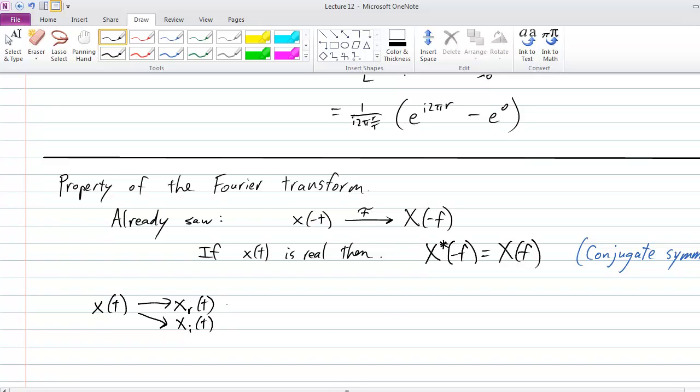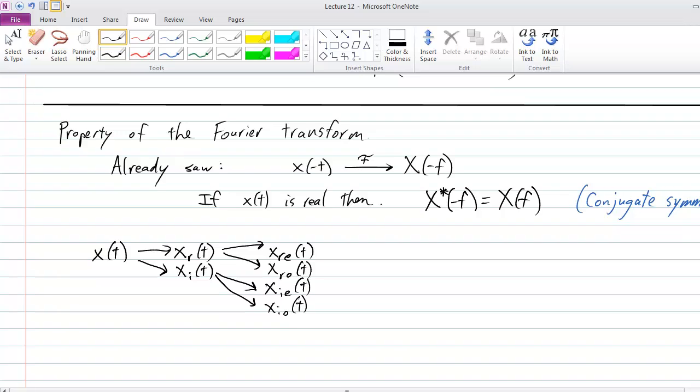And each of these we can split again into an x real even part of t, x real odd part of t, x imaginary even, and x imaginary odd of t.